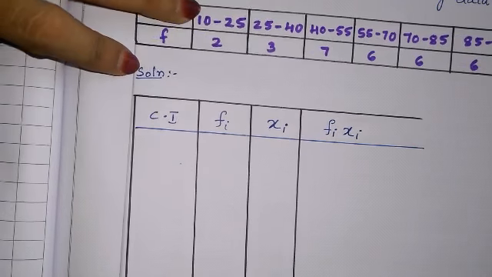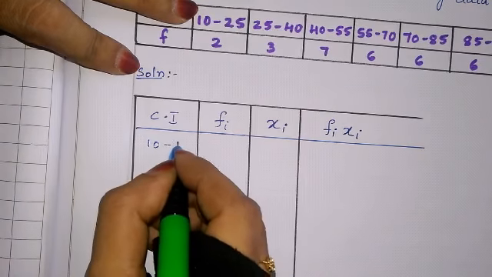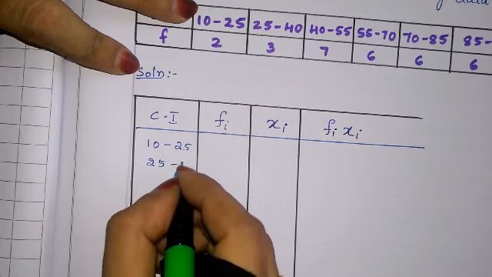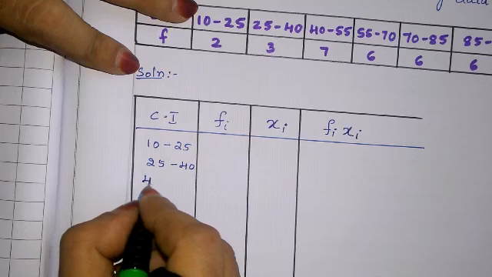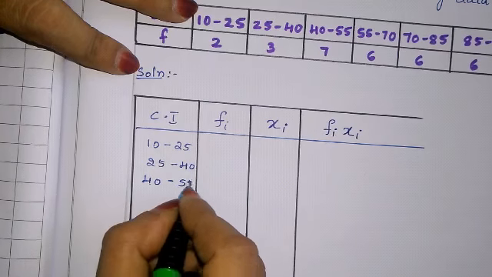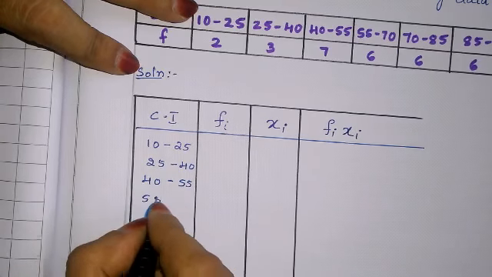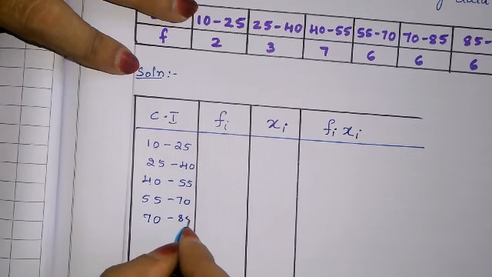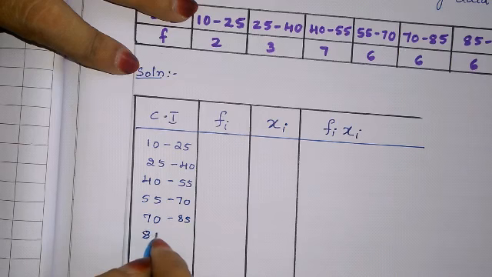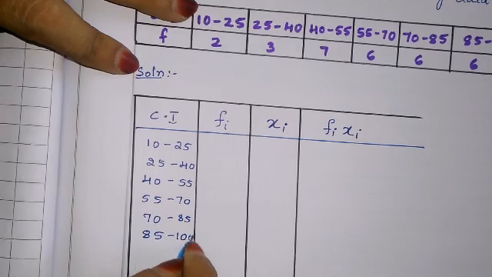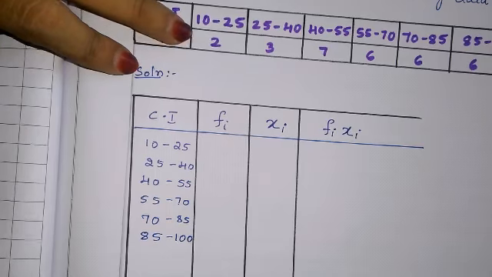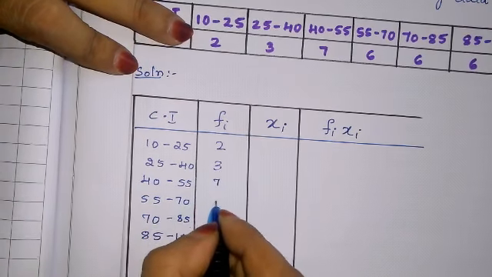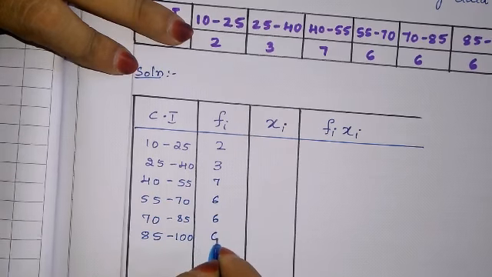So let us write the class interval. They have given 10 to 25, 25 to 40, 40 to 55, 55 to 70, 70 to 85 and 85 to 100. This is the given class interval, and the frequency is 2, 3, 7, 6, 6 and 6.